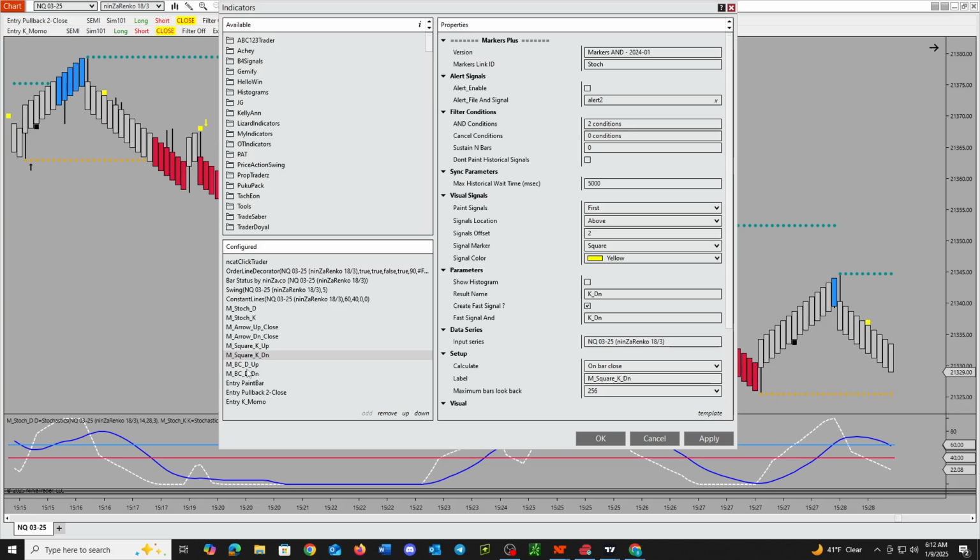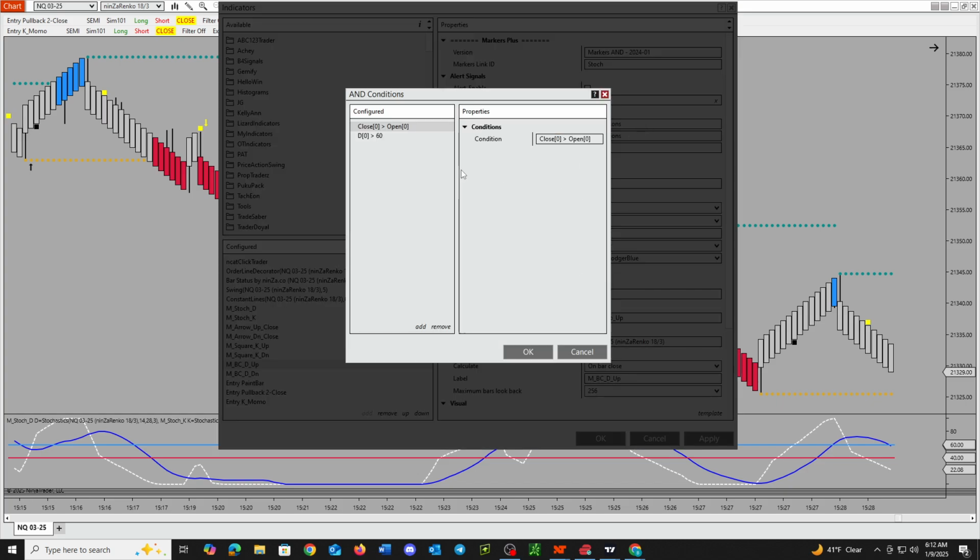Now BC is my naming convention for bar colors. So again, when I see that, I know that it's a markers and template for conditions for bar color up and bar color down. And again, bar color up is simple: close greater than the open, and D is greater than 60.